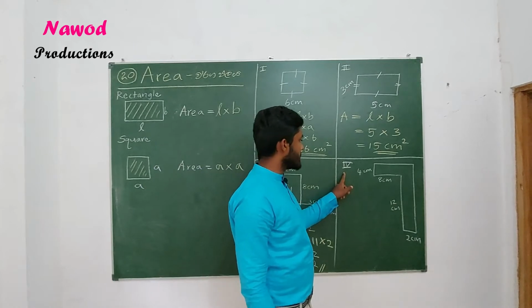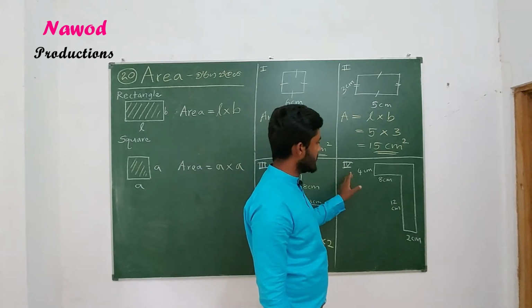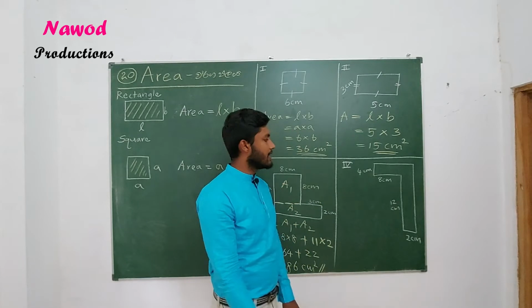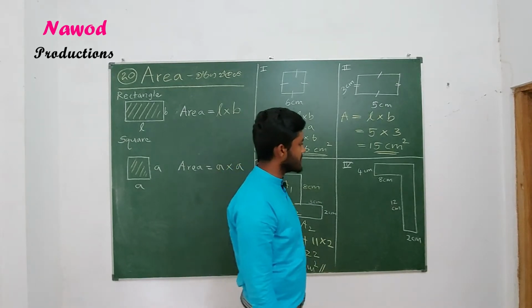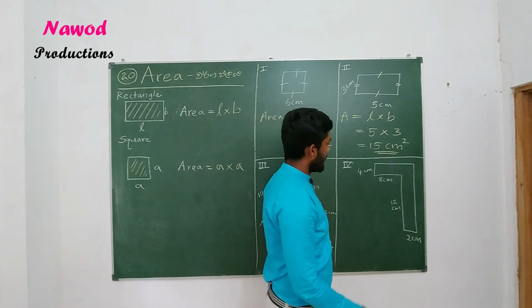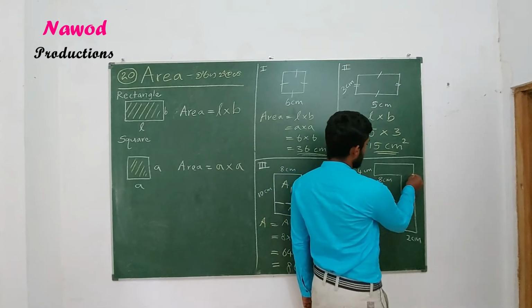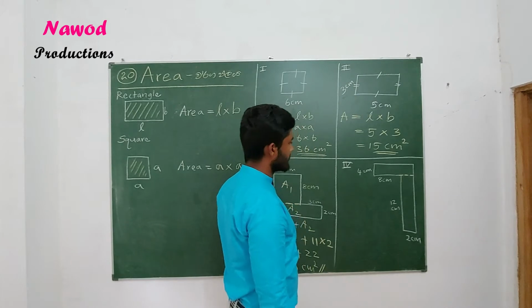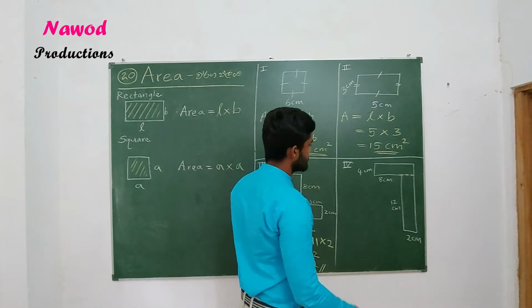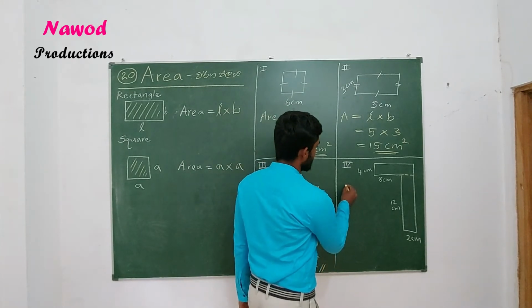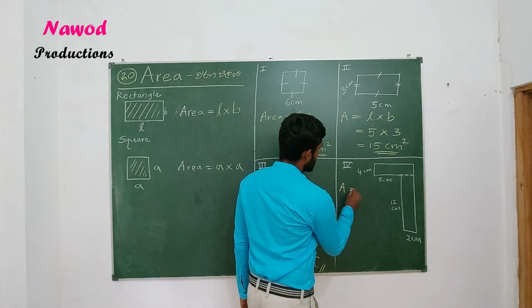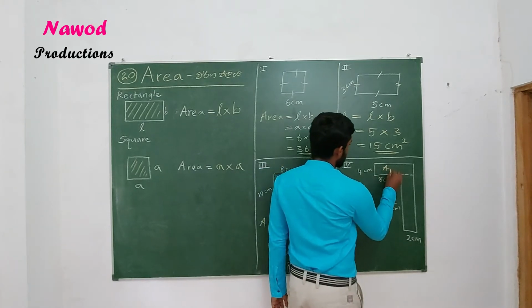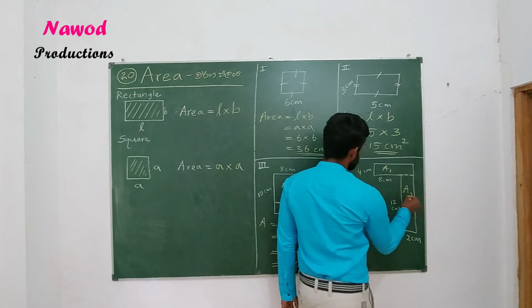Then the fourth question. Here also this figure can be separated into two groups like this. Area equals A1 plus A2.